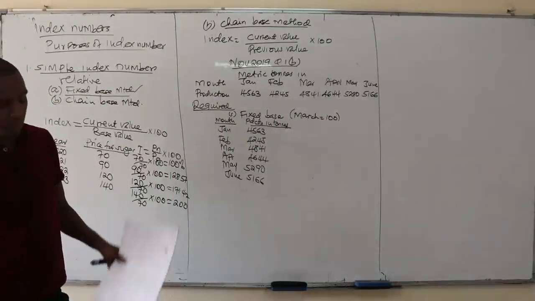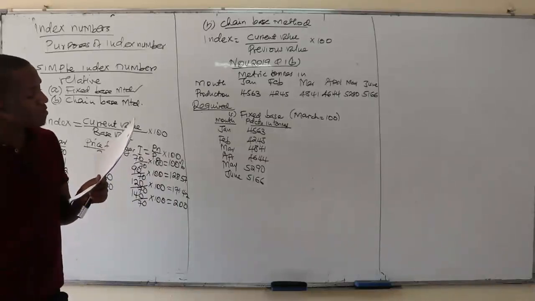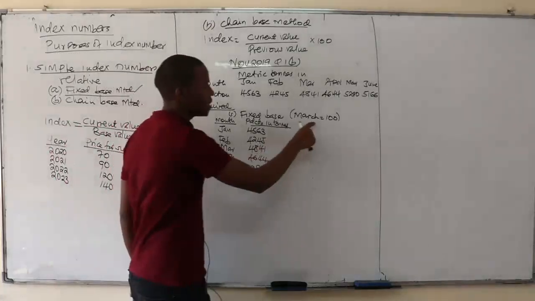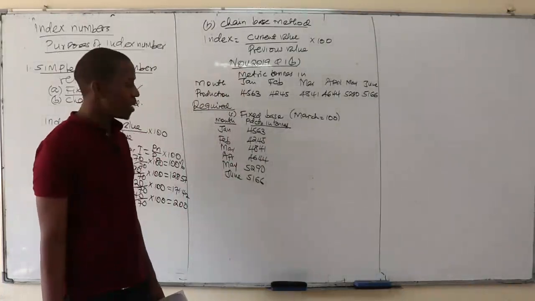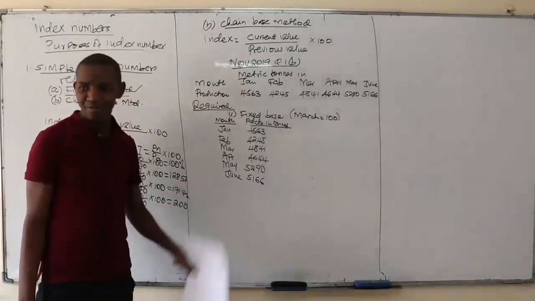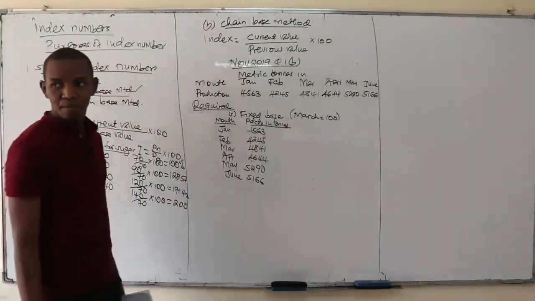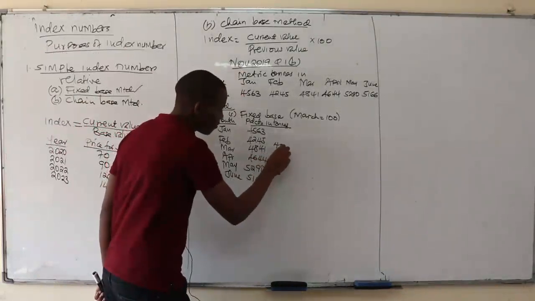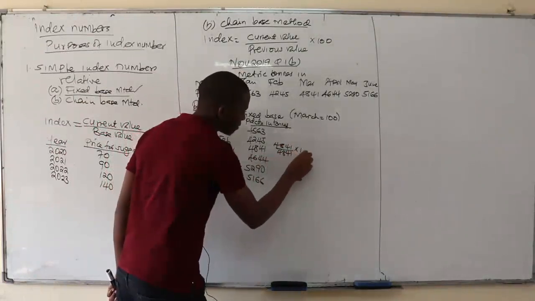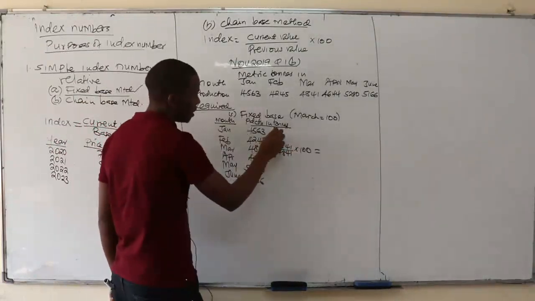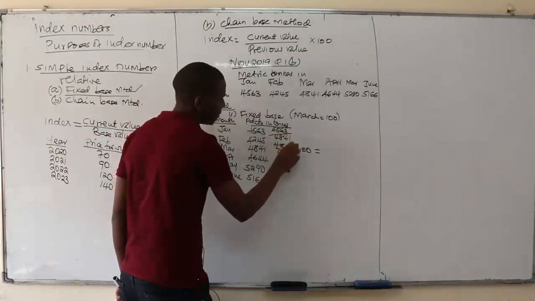Roman number 1 is asking you to compute the fixed base relative index, and there they put in brackets March equals 100. So our base in this case is not January, it is March, which is 4841. Divide by 4841, you multiply by 100. Meaning that this one will be 4563 divide by 4841, multiply by 100.